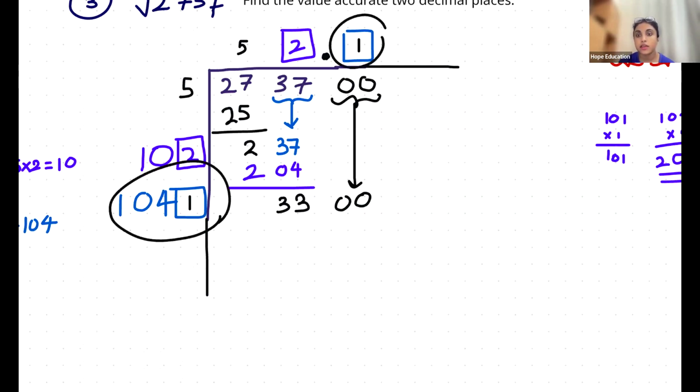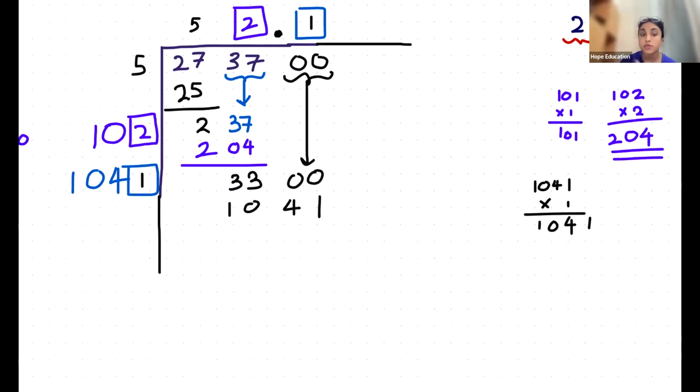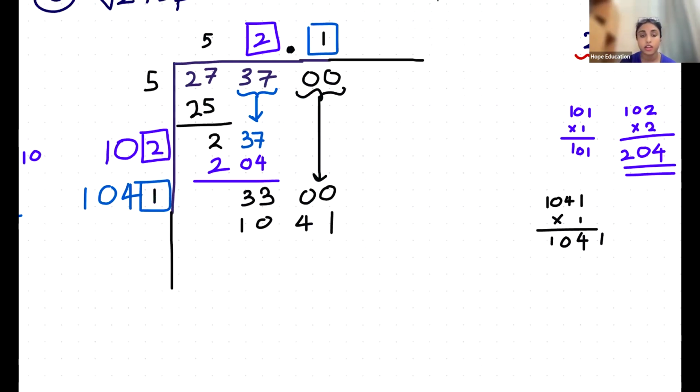Right? 1,041, I multiplied by 1 and I get the answer as 1,041. So if I put 1,041 here, that doesn't seem enough. It's not enough, because what we have is 3,300. So that's not enough. Here now, I'm going to erase that and I'm going to try to put 2. We have to try numbers.